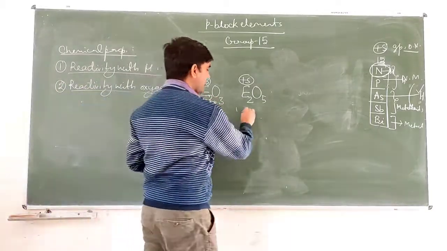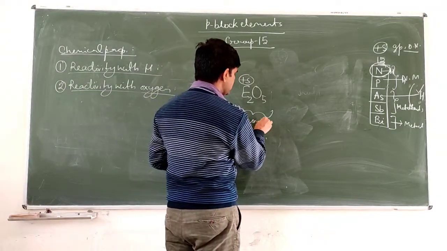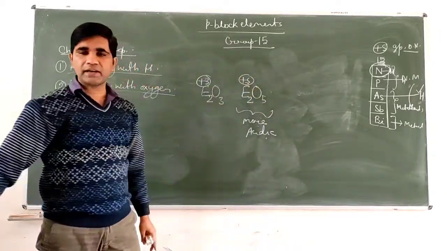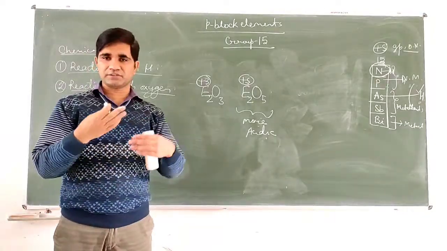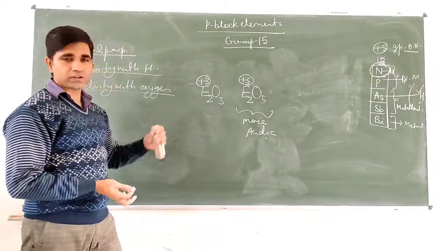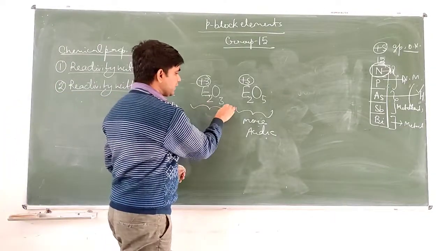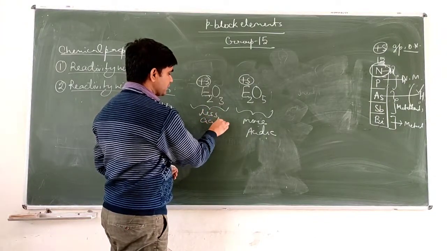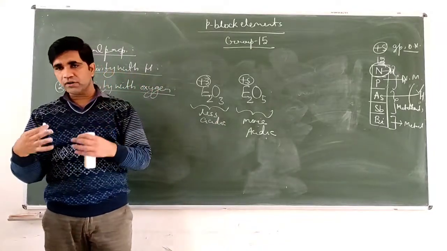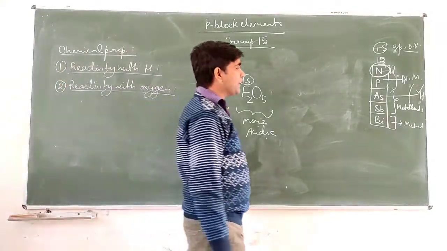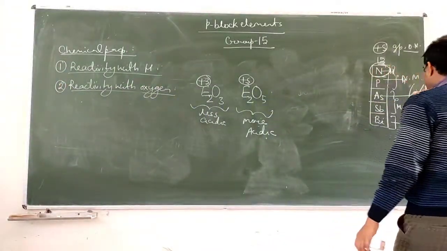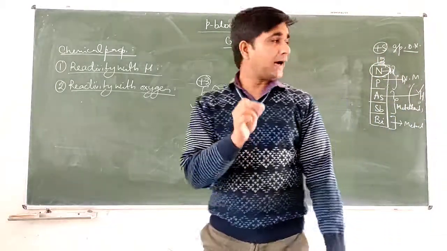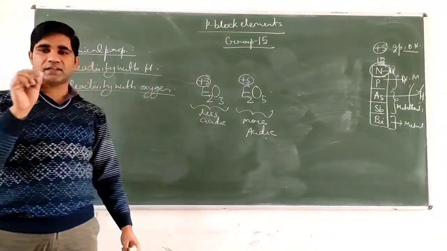The second oxides are comparatively more acidic. As the oxidation number of the element increases, the acidic character increases. This is a general rule of inorganic chemistry. One other important rule: if we compare the oxides of non-metals, metalloids or metals, the oxides of non-metals are always acidic in nature.